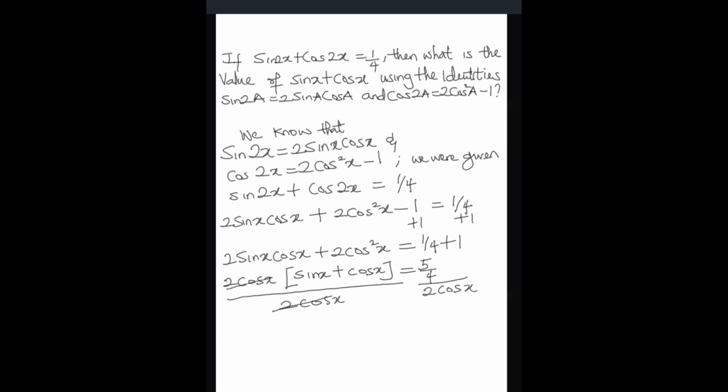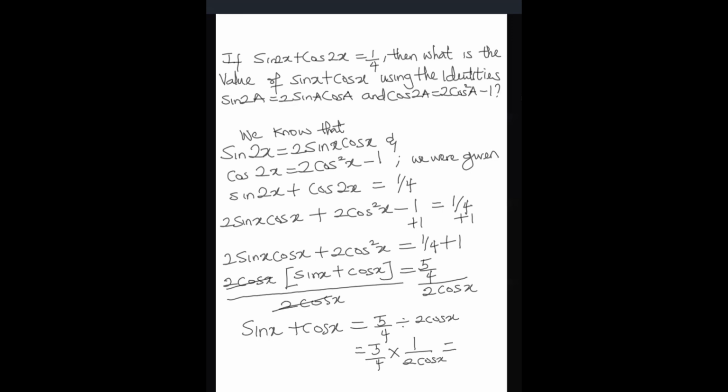So I would simply have sine x plus cos x equal to 5 over 4 divided by 2 cos x. I just want to simplify this, so this becomes 5 over 4 times 1 over 2 cos x.